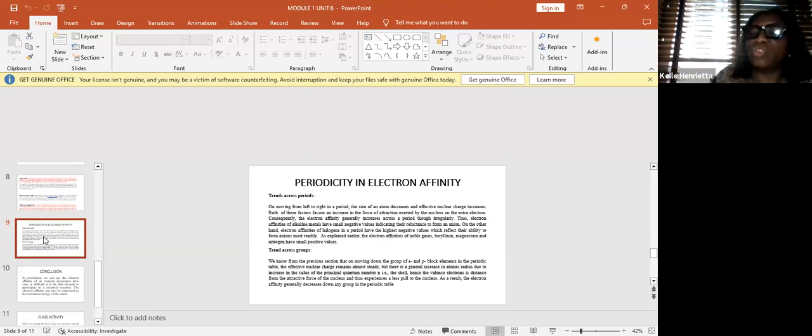So the electron affinity will decrease. So that means down the group of the periodic table, electron affinity decreases, but across the period, it increases. You know the periodic table is divided into groups, the vertical columns, and the periods, the horizontal rows.